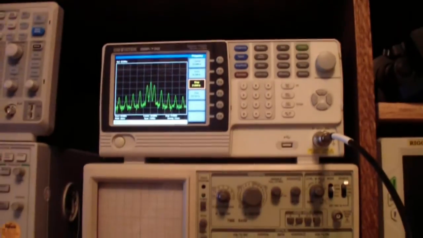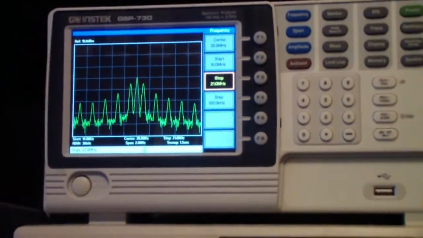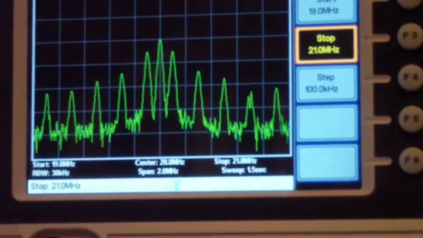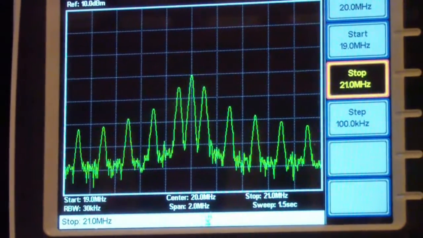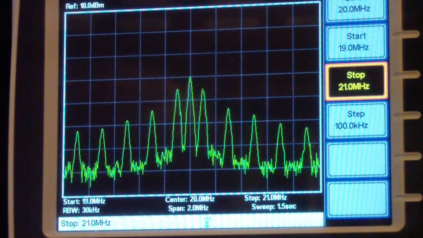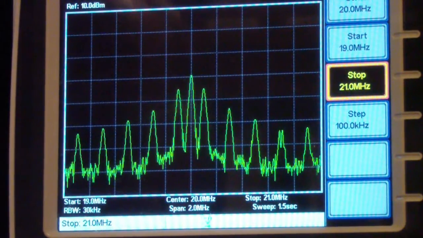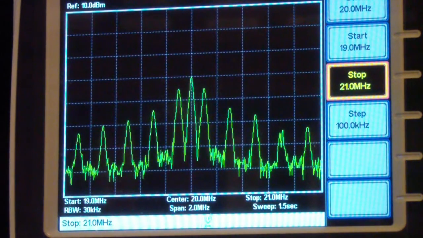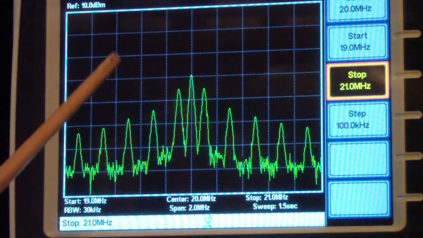Up here is the Instek GSP-730, which is a true spectrum analyzer. In other words, it's not doing a fast Fourier transform.